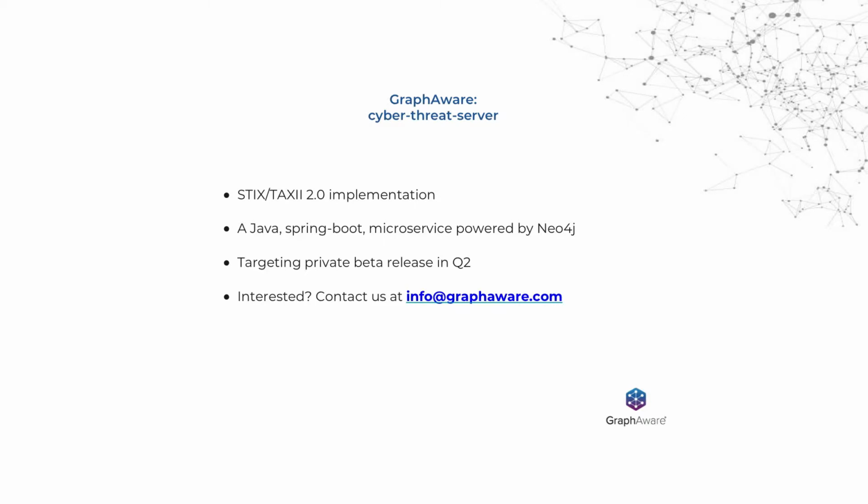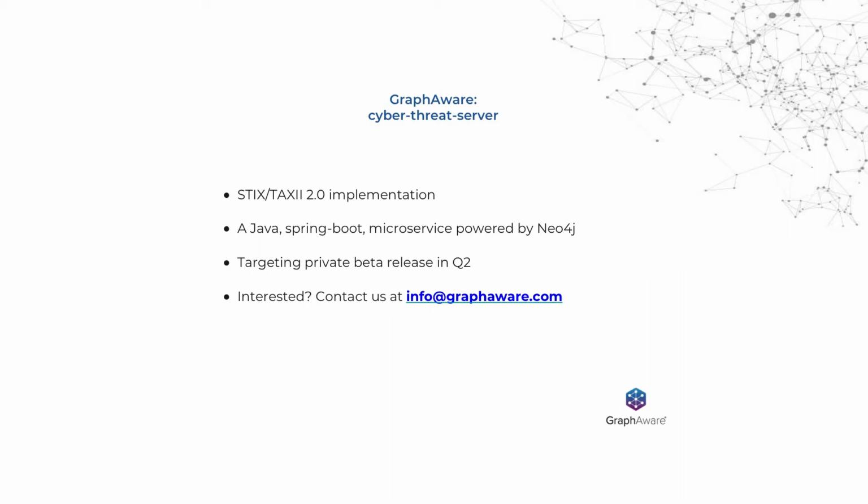So this brings us to GraphAware's Cyber Threat Server project. GraphAware agrees with MITRE that graphs are the foundation of cybersecurity's present and future. So we're pursuing the development of a STIX and TAXII implementation.